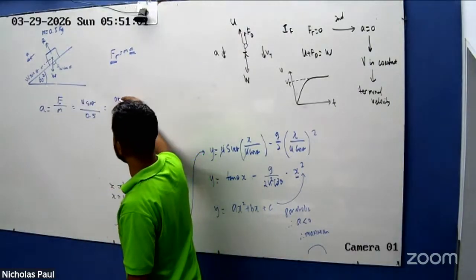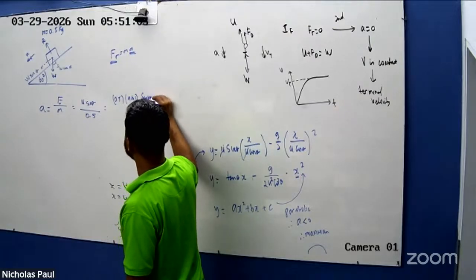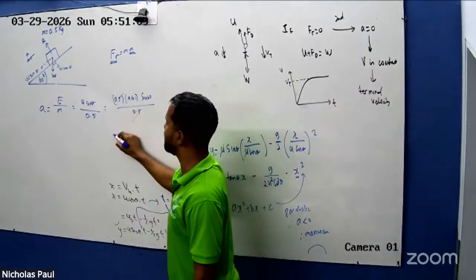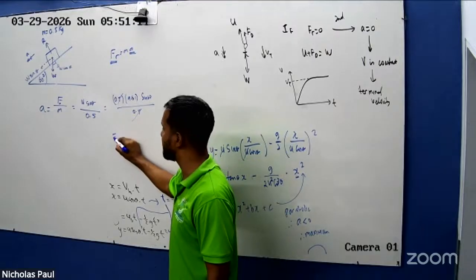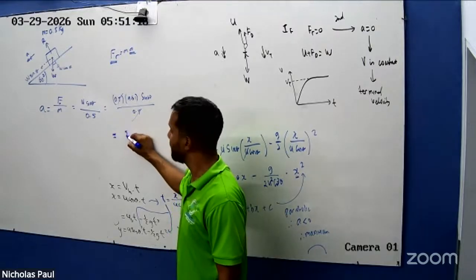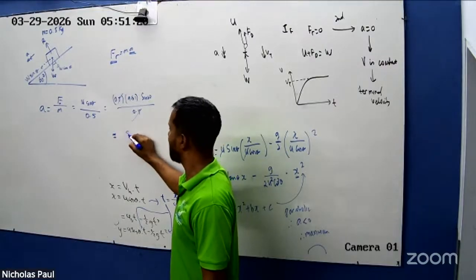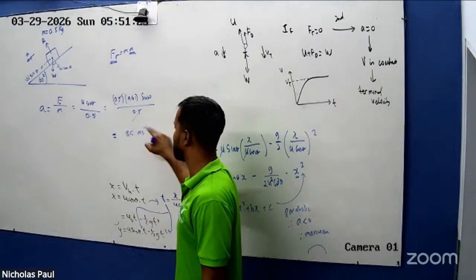So W is 0.5 times 9.81 times sin 60, all over 0.5. Now cancel the 0.5, so you'll get 9.81 times sin 60, which is how much? 8.5, which is 8.5 meters per second squared.